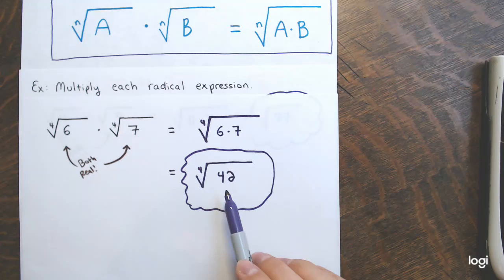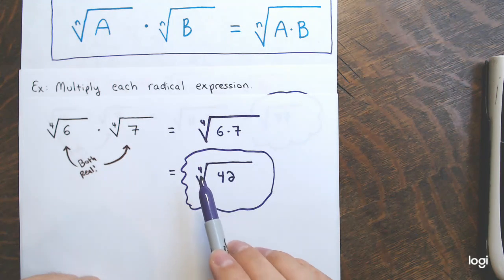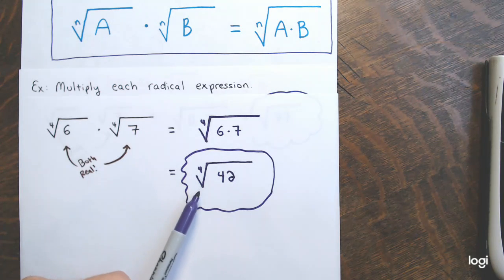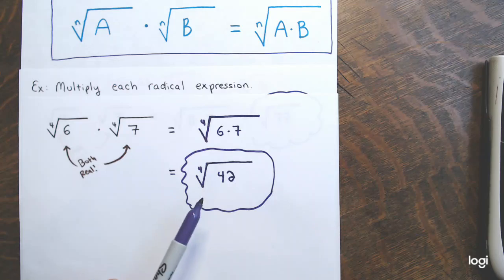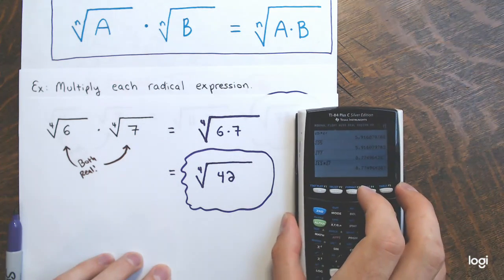And then what is this? This is again not a nice number, because 42 is not a perfect fourth power. 2 to the fourth is 16, 3 to the fourth is 81, and 42 is between 16 and 81. So the fourth root of 42 is going to be between 2 and 3, between the fourth root of 16 and the fourth root of 81. Again, whenever you see this symbol with an even index, it's asking for the non-negative root.